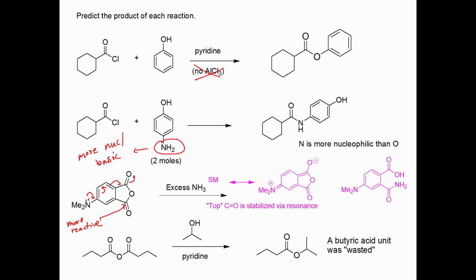Okay, so we'll have that product there. Okay, so this is where I'm going to stop this video, and the next one we'll look at esters, then the other one we'll look at amides.